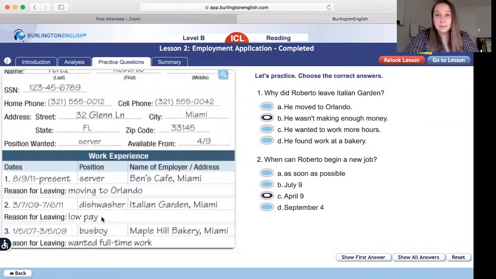Especially if there is a type of chart or a schedule or something like this where it's an application, a lot of times you won't need all of the information in it. You'll just need to read what information the question is asking for, and then you can scan, find the right area, and find the answer.